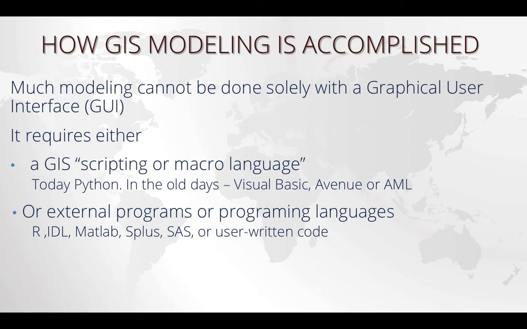Today, Python is the scripting language of choice for GIS for a variety of reasons. In the old days of ArcView, it was Visual Basic or Avenue. If you really go back to the old ArcInfo days, it was something called AML, which stands for Arc Macro Language. That's creating and running a model within a GIS package.